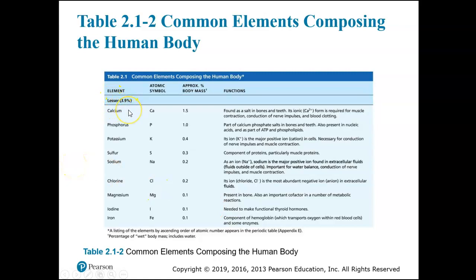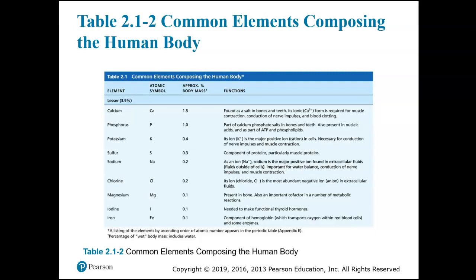Calcium, of course, is found in bones and teeth. Phosphorus is found in DNA and also certain calcium salts. Potassium and sodium are found dissolved as ions or electrolytes. So is chlorine, as chloride ions, and magnesium.